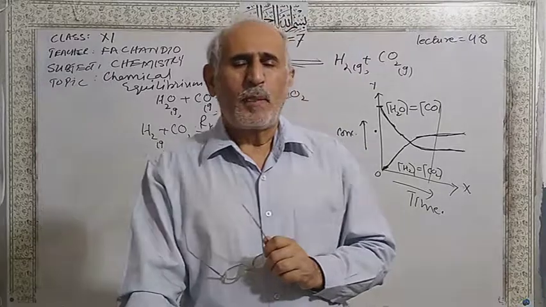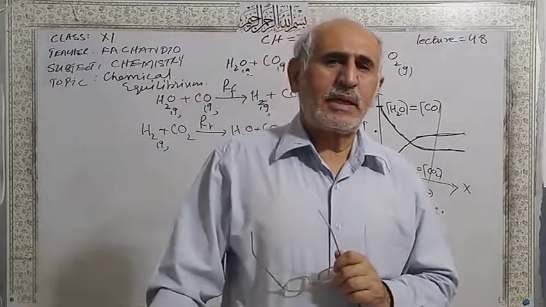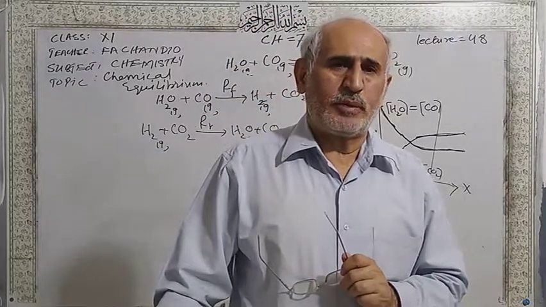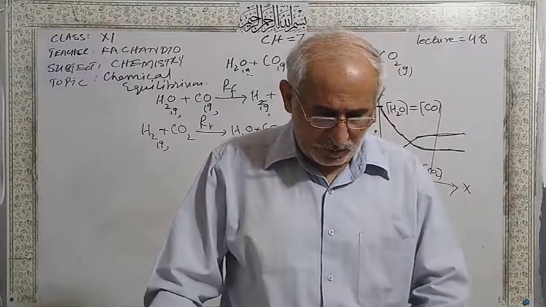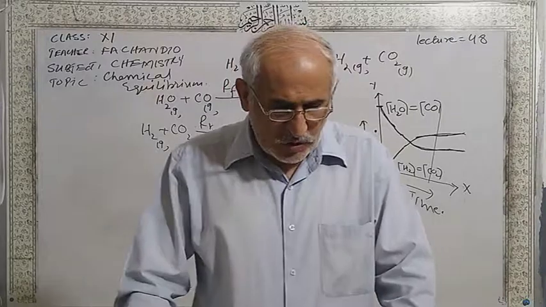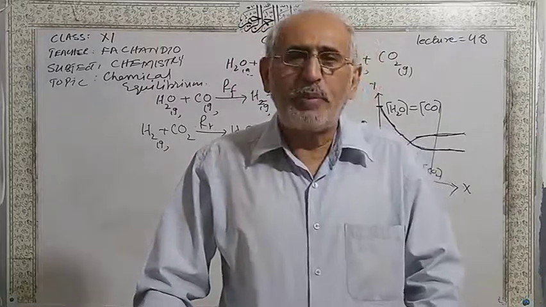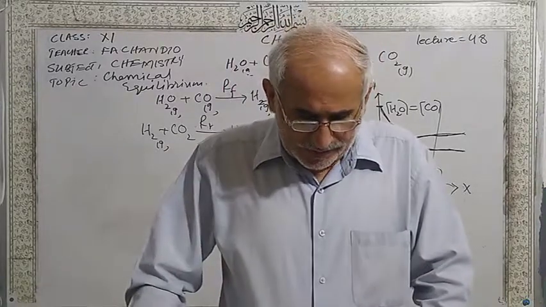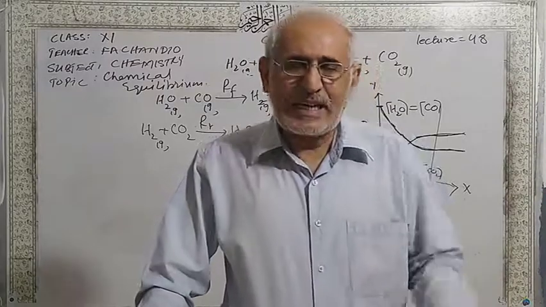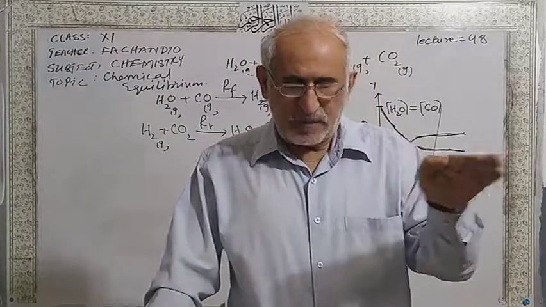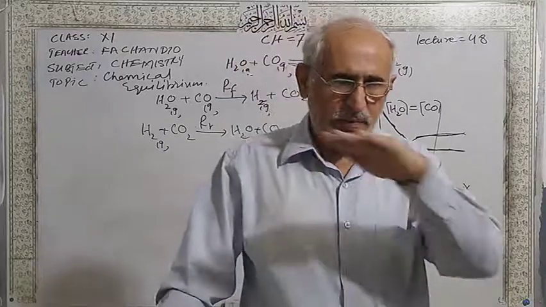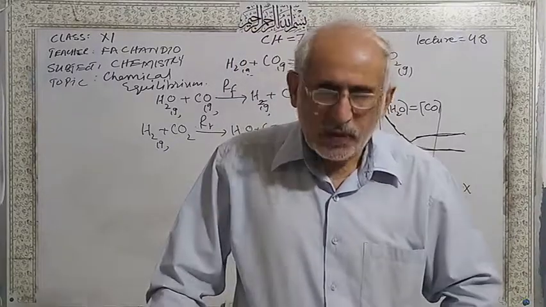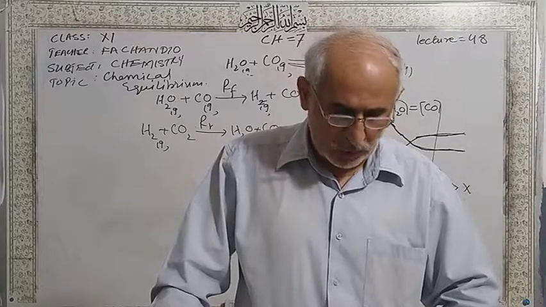So we call it dynamic equilibrium. Individual molecules of products also continue to combine, but the rate of one process is exactly balanced with the rate of the other. Both rates are 100% balanced. Therefore, this is called dynamic equilibrium.